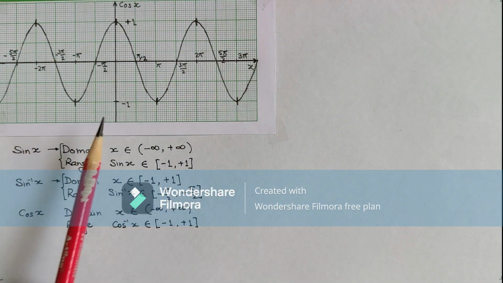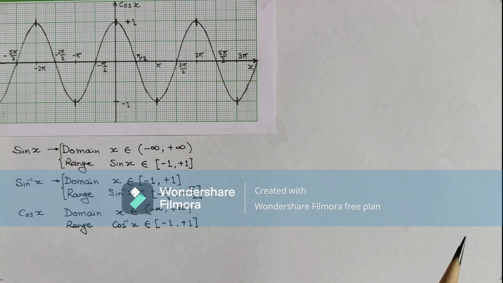So any one of these sections is sufficient to give me one value of cos inverse. Again, rather arbitrarily, the section which is defined as the principal value range of cos inverse x is this one.